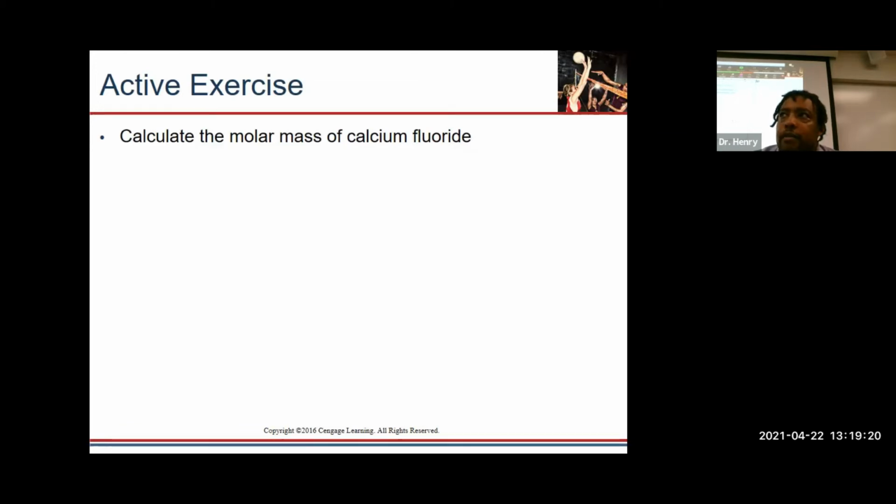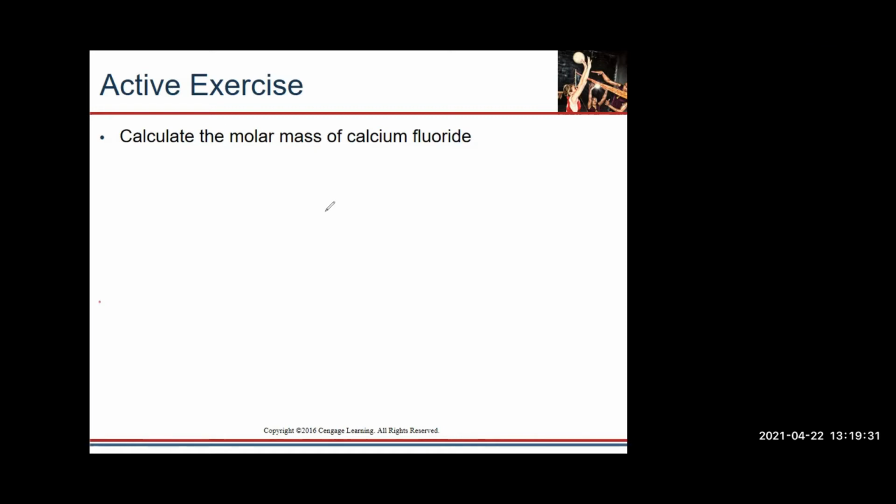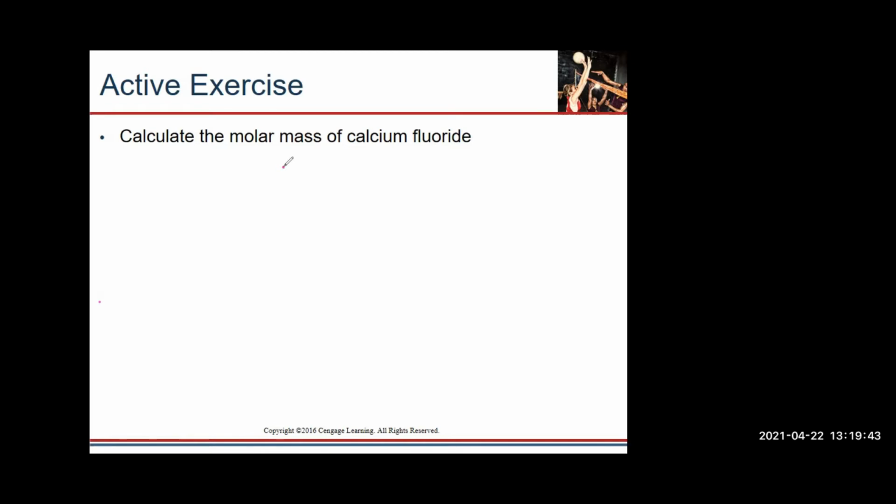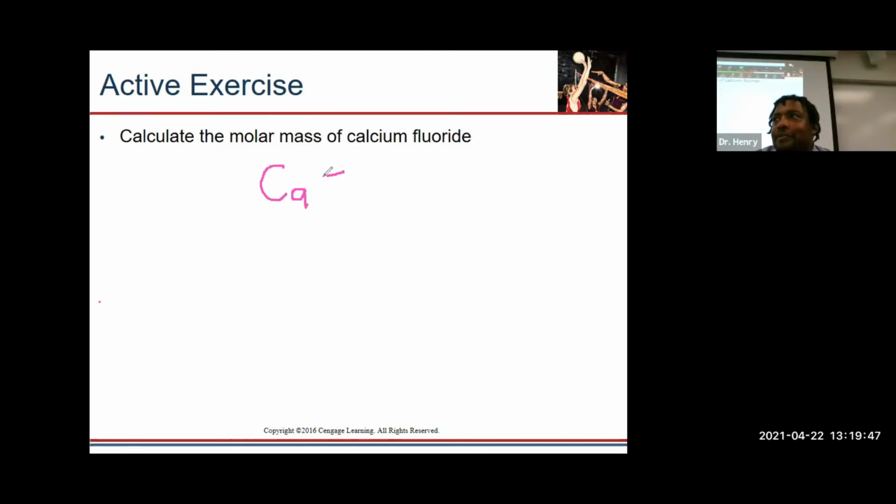Calculate the formula mass, the atomic mass. But is there something I need to do before that? Yeah, get the formula for calcium fluoride. So what is the formula for calcium fluoride? Is it CaF2? CaF2, that is correct, because I need 2 fluorides to balance out that +2 charge on calcium.